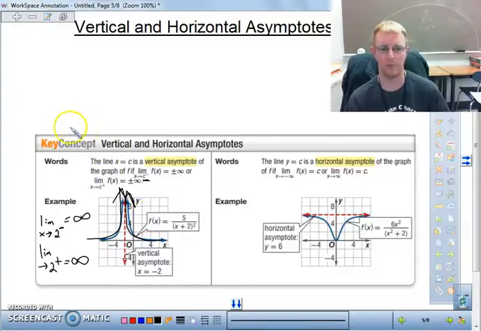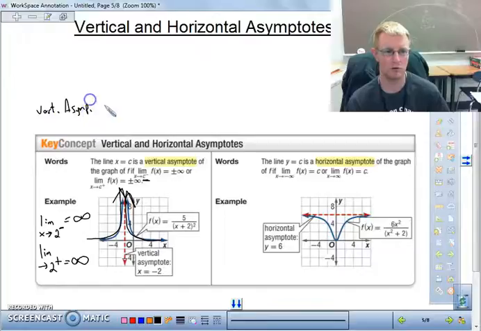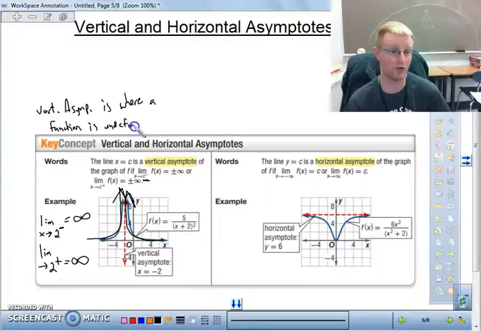Really simple. It's where the bottom is equal to 0. Vertical asymptote is where a function is undefined. Now, that's not always true. We're going to get into that in part 2, but undefined.